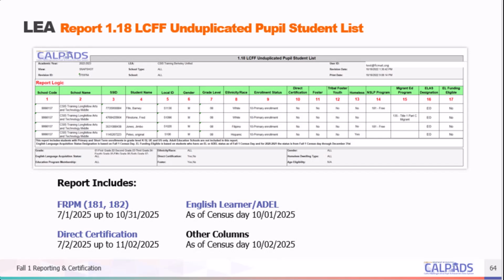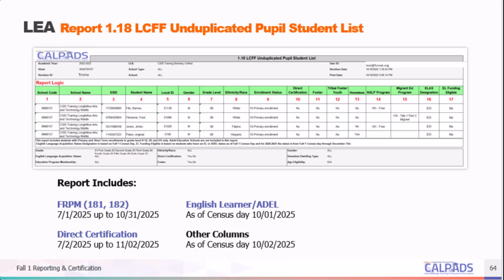They'll only be counted once, but this will show you why they are eligible for LCFF, and any student not included has not been identified. So it's important to review the counts, but also the students, and in the report, you can filter by school. This report might take a day or two to go through just to make sure that every student is counted.